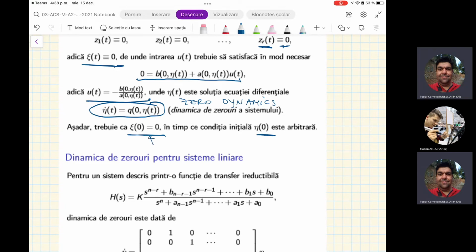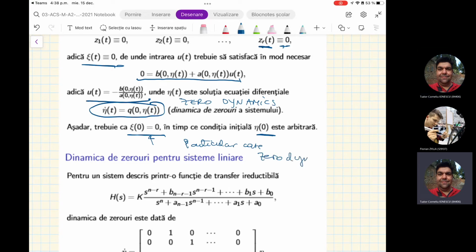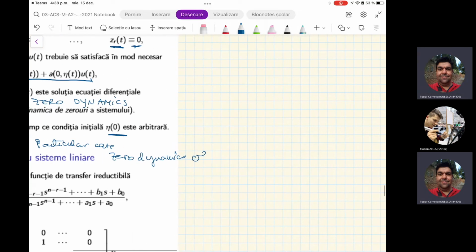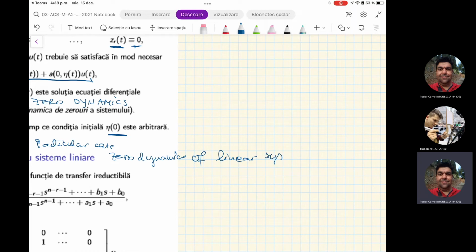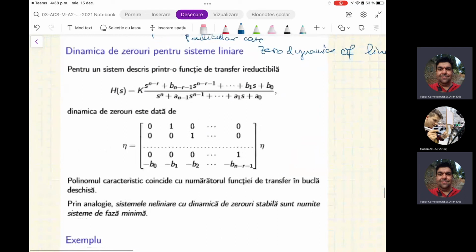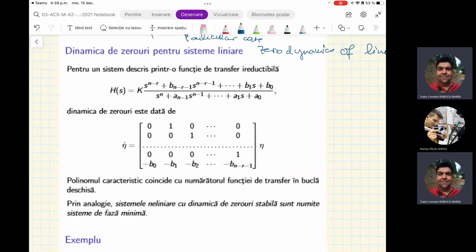Okay. Now, a particular case, zero dynamics of linear systems. Now you have this transfer function, an irreducible transfer function.